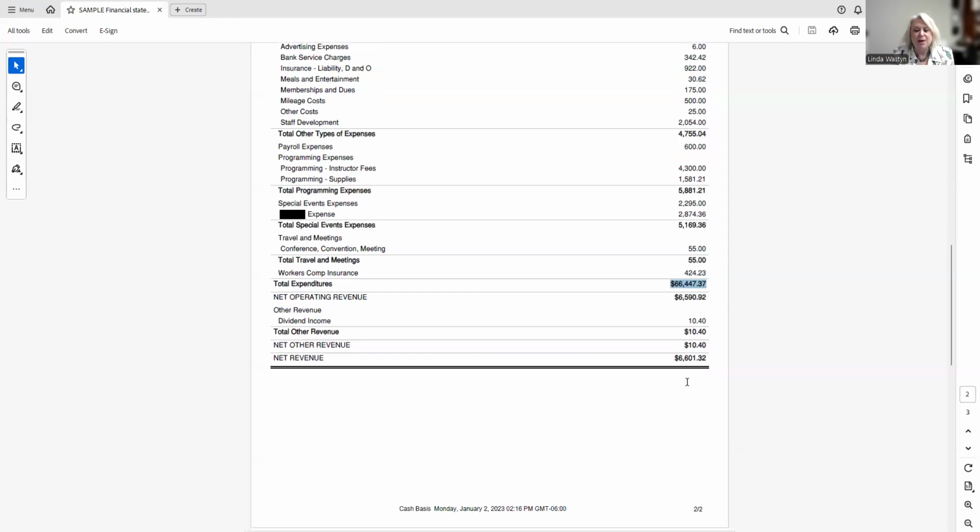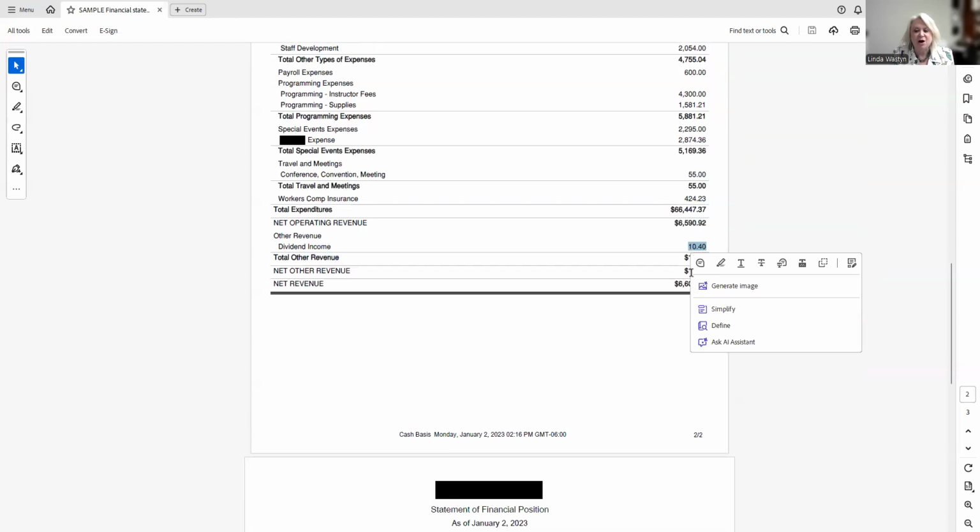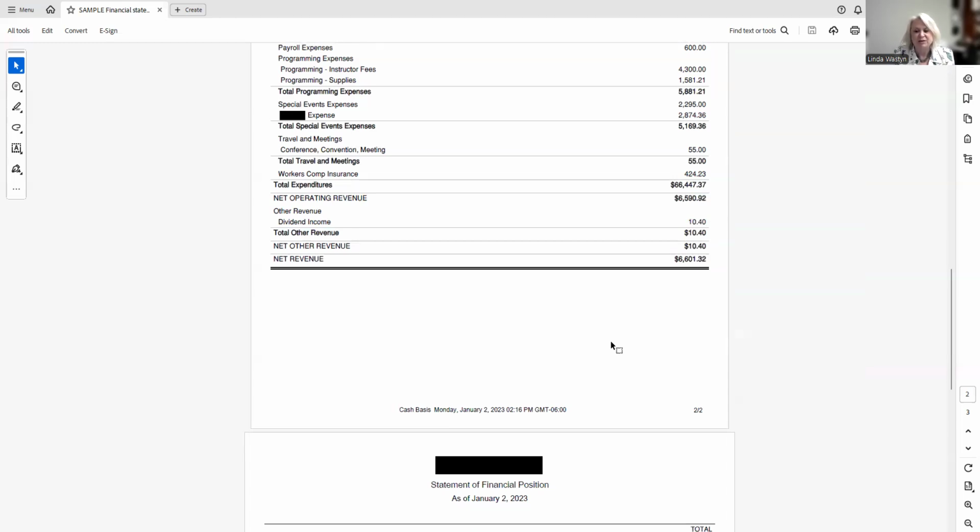And then here at the bottom, you see other types of income. Did they receive any dividend income? Sometimes if you receive interest on your accounts, that'll show up there, etc. And then at the very bottom, net revenue: how much money did this organization make for the year?